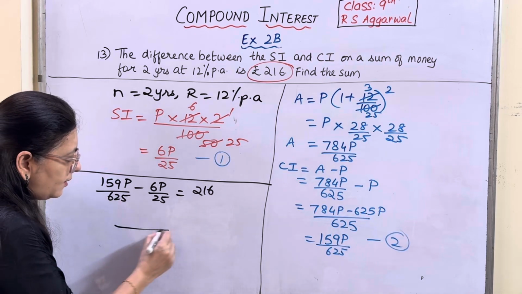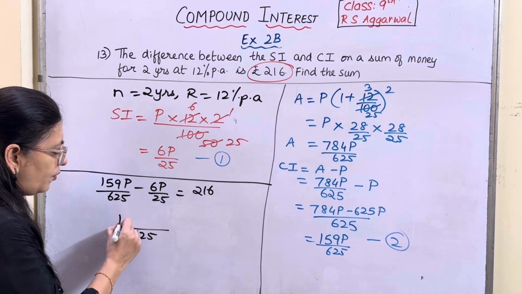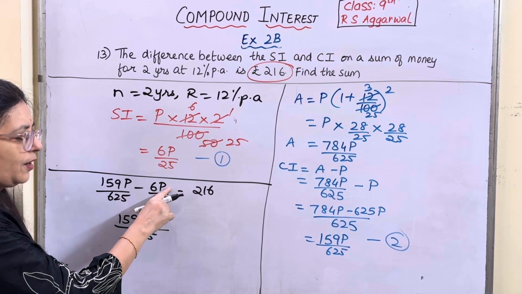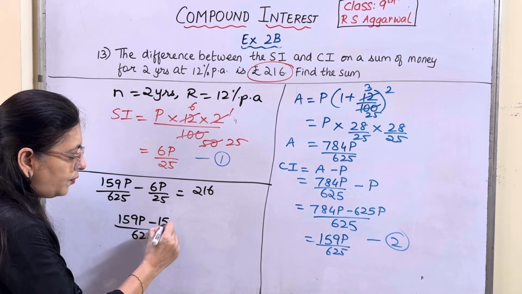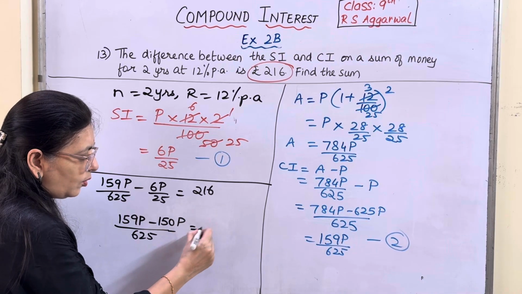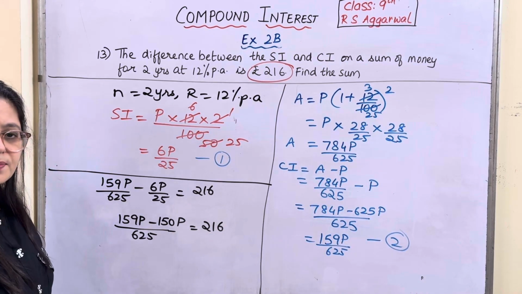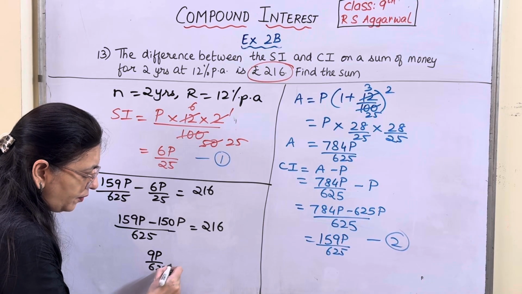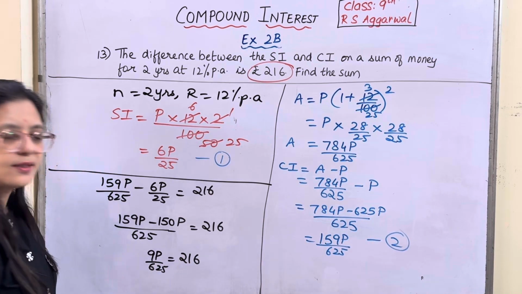Take the LCM as 625, 159P minus 25 into 25, 25 into 6 is 150P, is equal to 216. So 9P upon 625 is equal to 216.